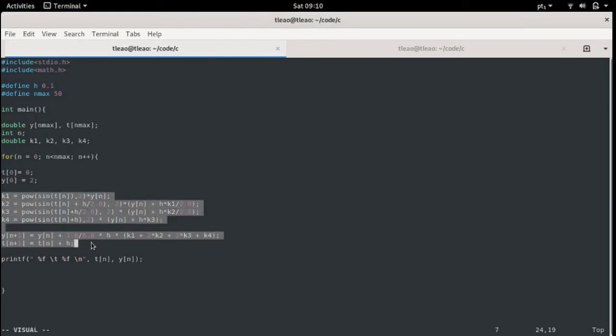You can implement this as an external function and call it every time you need it. If you need to write this in Fortran or Python or other languages, it should be pretty simple. It's just a matter of defining your arrays at the beginning, and then implementing a loop which iterates over n time steps, and then you can refine the maximum number of steps and the time step here. So this is pretty straightforward.